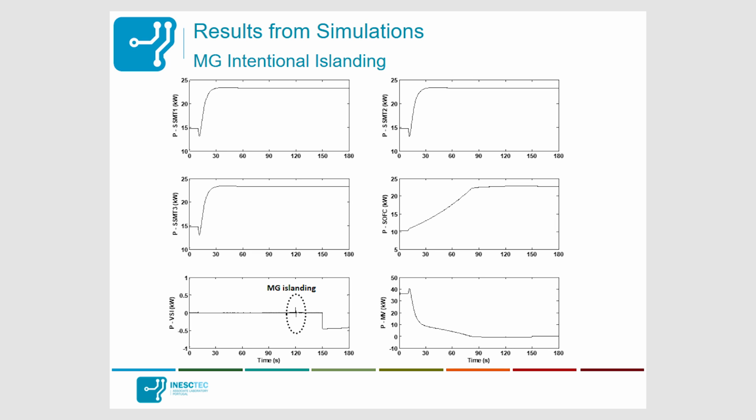For instance, microgrid intentional islanding. This is a situation where, as I already said, the distribution system operator needs to carry out maintenance actions from the medium voltage side of the grid.